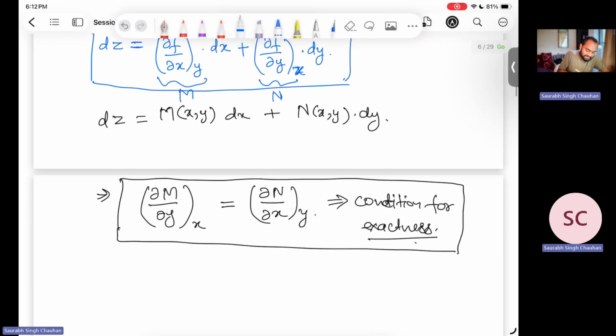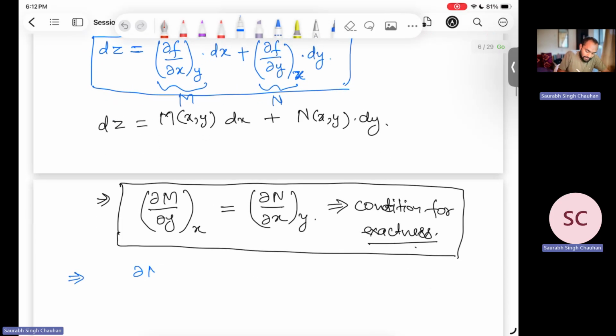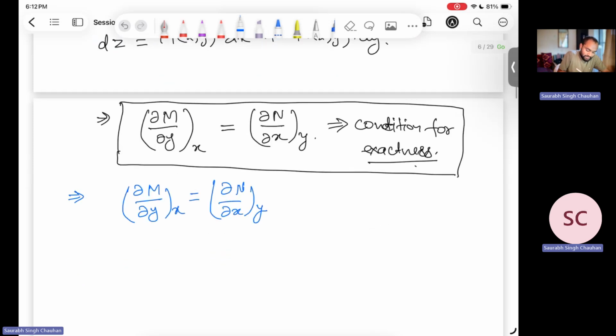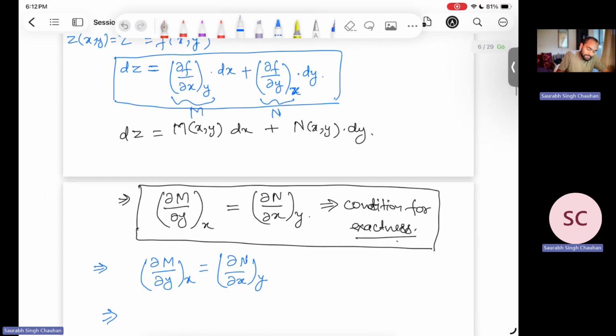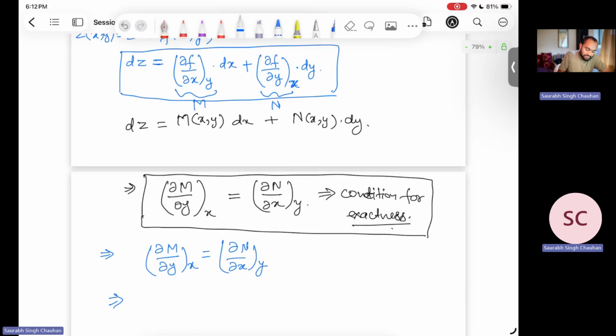If you apply the same exactness condition, we get the partial derivative of m with respect to y, keeping x constant, should be equal to partial derivative of n with respect to x, keeping y constant. And m and n are the partial derivatives with respect to x and y.